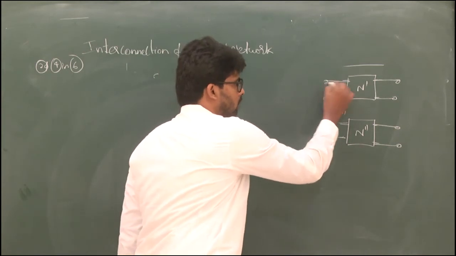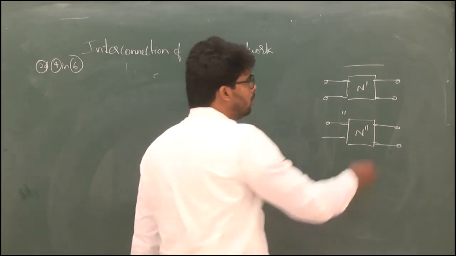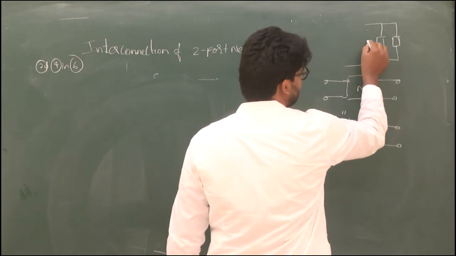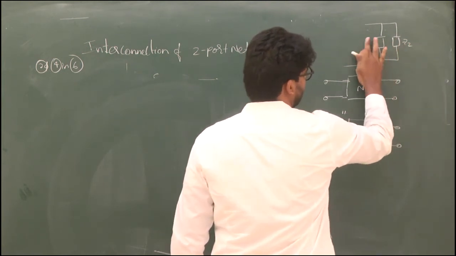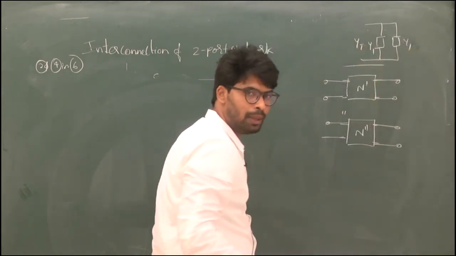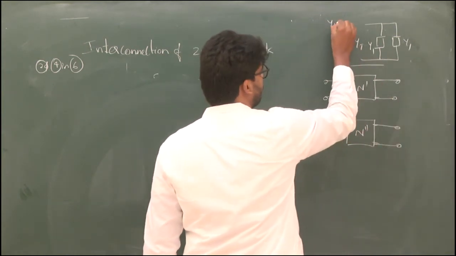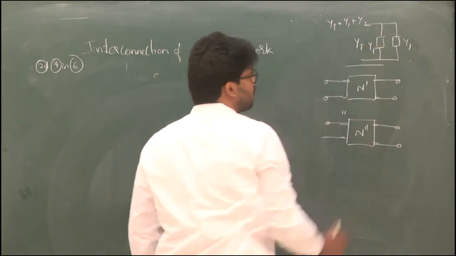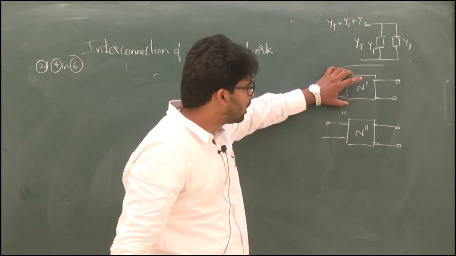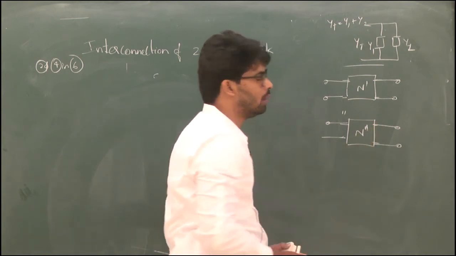We should keep in mind that when two admittances Y1 and Y2 are connected in parallel, the overall admittance is Y1 plus Y2. Y1 is one two-port network and Y2 is another two-port network, and we need to connect them in parallel.